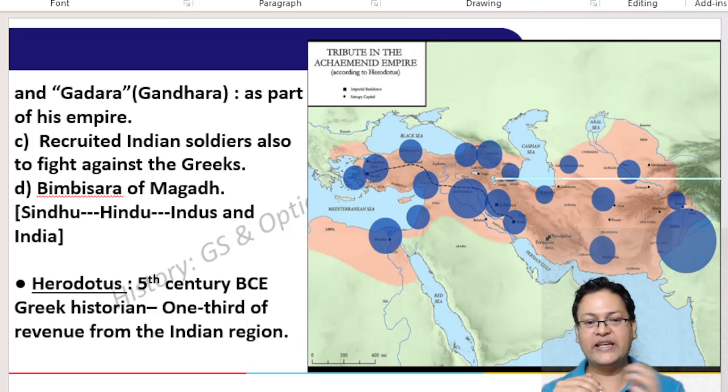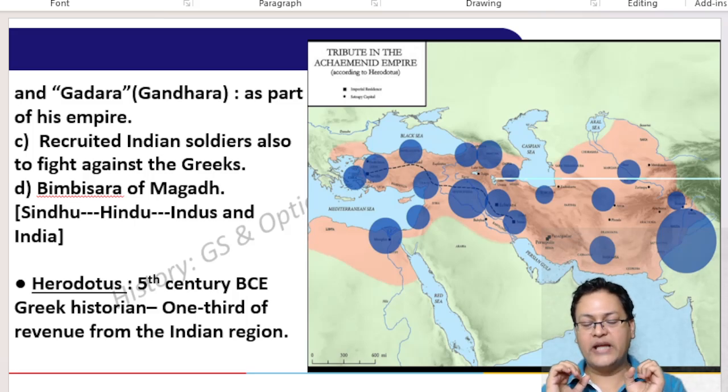Later on, Greeks would remove this H also, and they would call this river Indus, and the people living around it Indians. Because Herodotus has mentioned India and Indians in his work, The History. Who was Herodotus? He is considered the father of history. He was a 5th century BCE Greek historian.